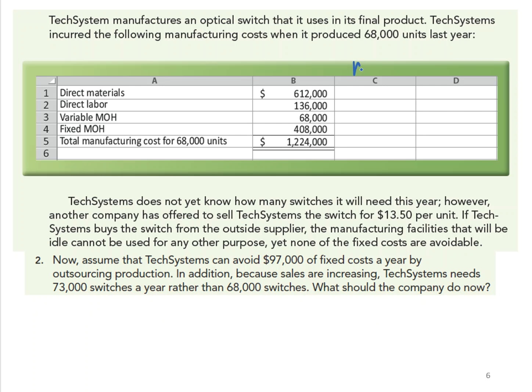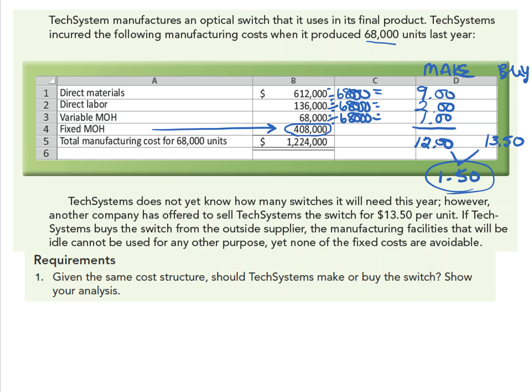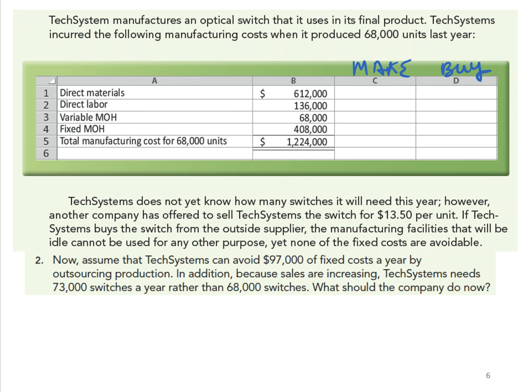We can have a make or buy couple of columns, and we know from before, let me back up, that our variable cost per unit here was $12 to manufacture in-house. So let me write that in.